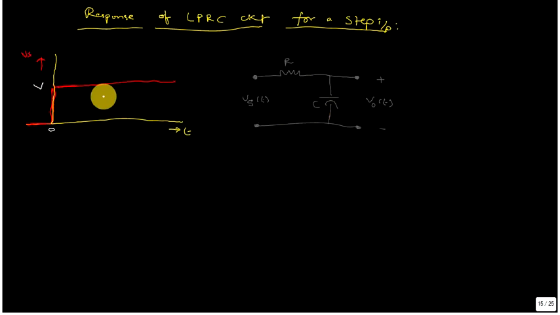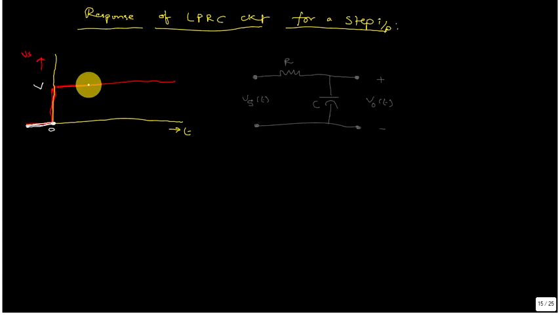Since it is constant, a constant voltage is applied across the capacitor. The capacitor voltage rises exponentially towards that value. It requires a minimum of 5 time constants to reach that value. Before applying this voltage, the circuit is initialized with 0, so the capacitor voltage is also 0. At t equal to 0, a step of V volts is applied.